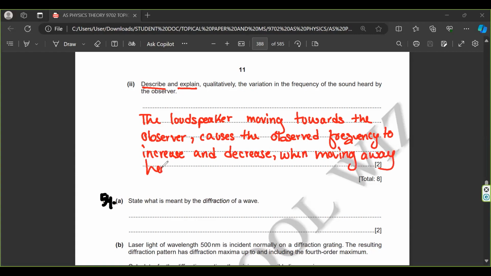Hence, the frequency will repetitively rise and fall due to the motion of the source. Right.